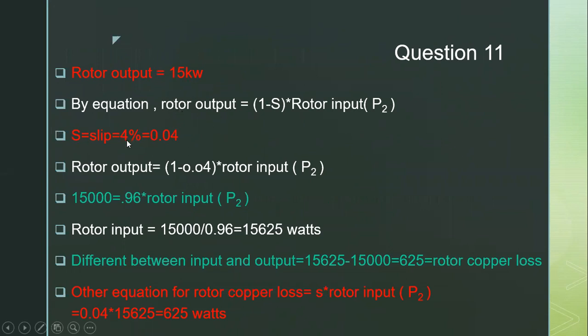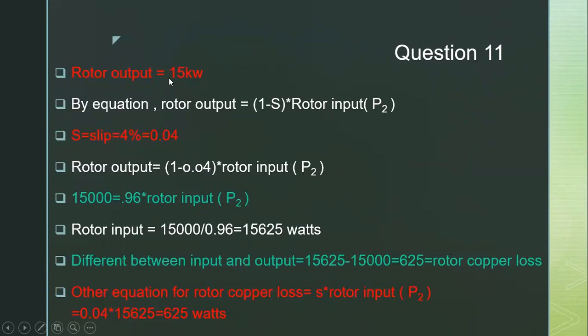The slip is given as 4%. Normally slip is represented as a percentage, so when converting to a value, that will be 0.04. So rotor output is equal to (1 minus 0.04) into rotor input P2.